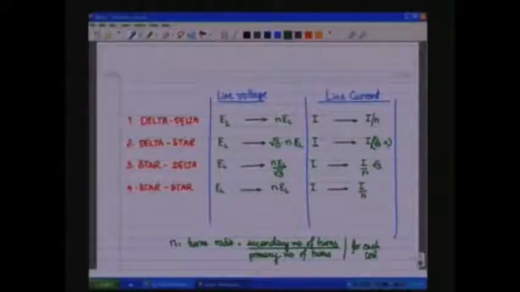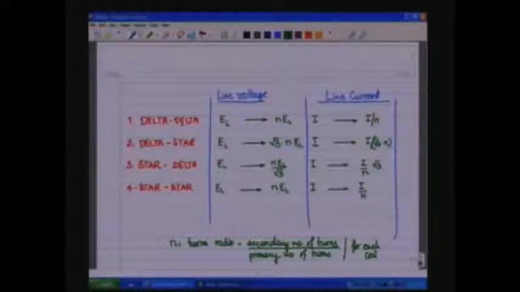And in the case of star delta, the secondary terminal voltage is also multiplied by root 3, and in the case of the delta star, the secondary terminal voltage is divided by root 3, and the star star also you have a terminal relationship with a factor of n.